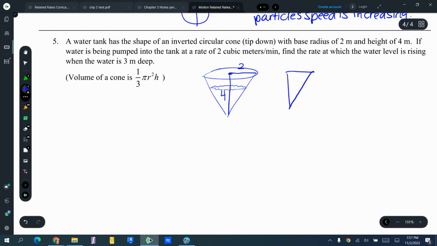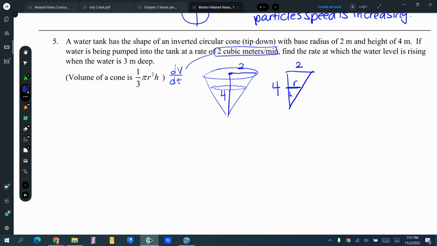So I'll just draw it without the cone, just so you can get an idea. 2, 4, and then I'll call this radius and this height, and that's for just the water. If the water is being pumped into the tank at a rate of 2 cubic meters per minute, that's my dV/dt.